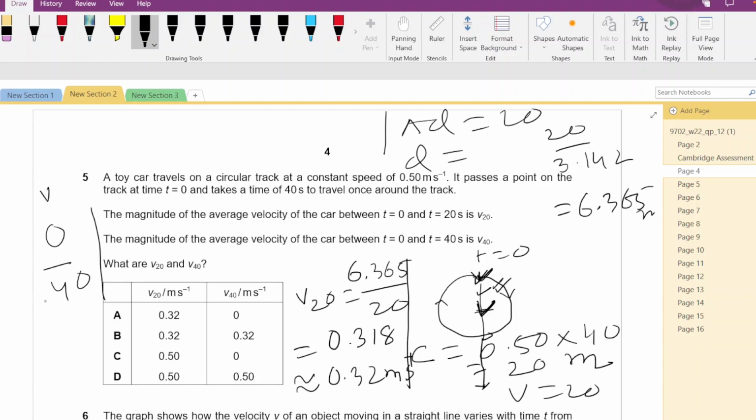Therefore, v40 equals 0 divided by 40, which is 0. Therefore, v20 is this and v40 is 0, and the answer obviously is A. Therefore, for question 5, answer A.